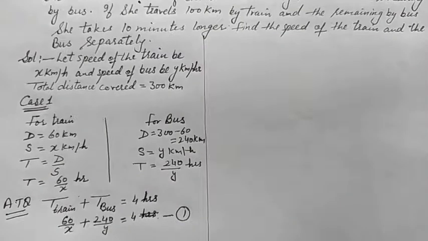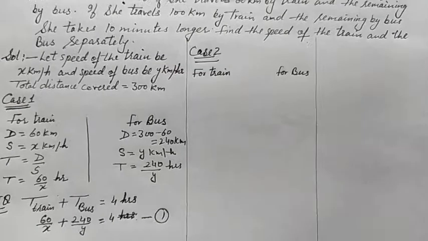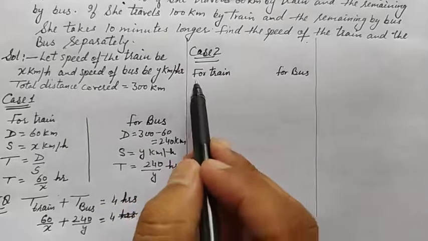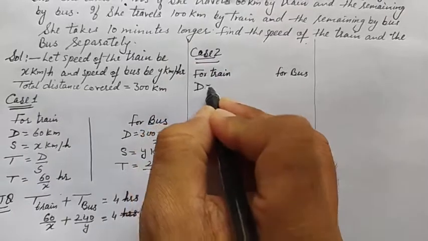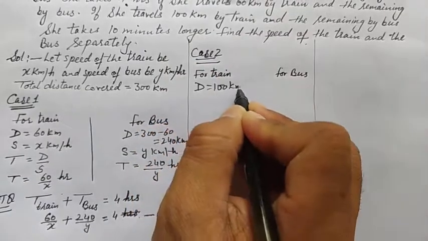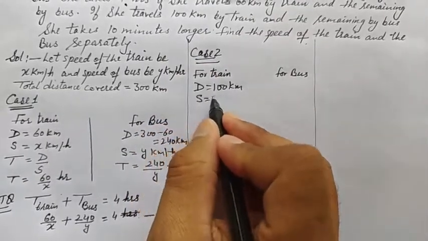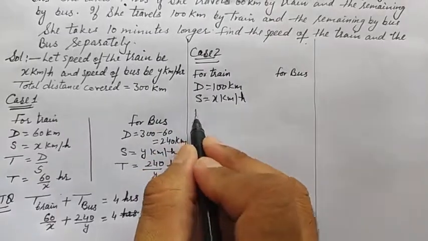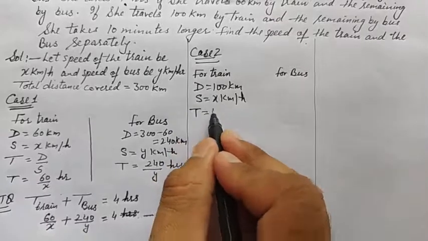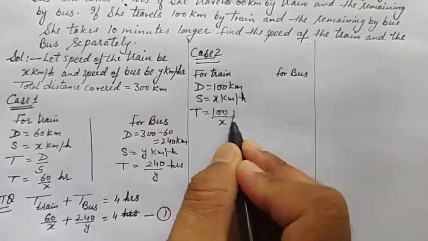Now we will take the second case and find the second equation also. In the second case, for the train, the distance traveled by the train is 100 kilometers, and the speed of the train is x kilometers per hour. So the time taken by the train in the second case is distance over speed, that is 100 over x hours.